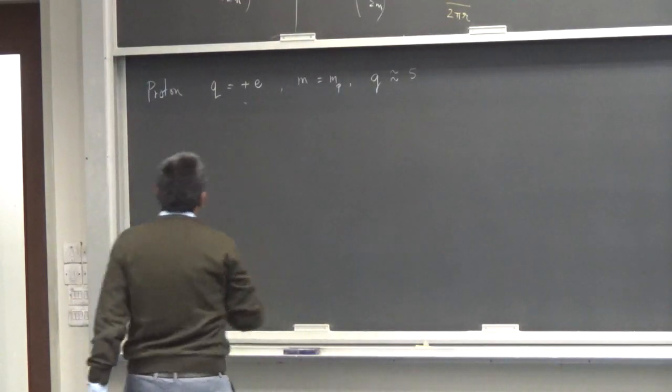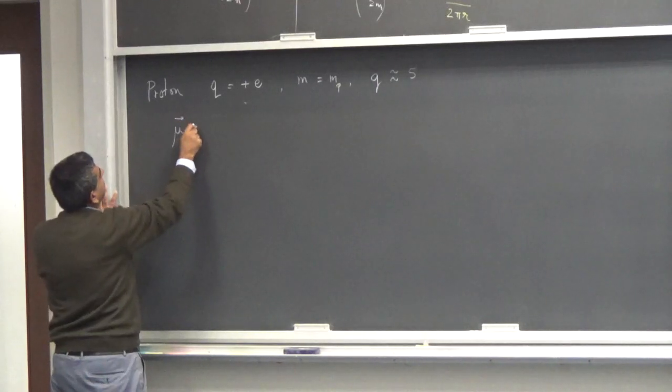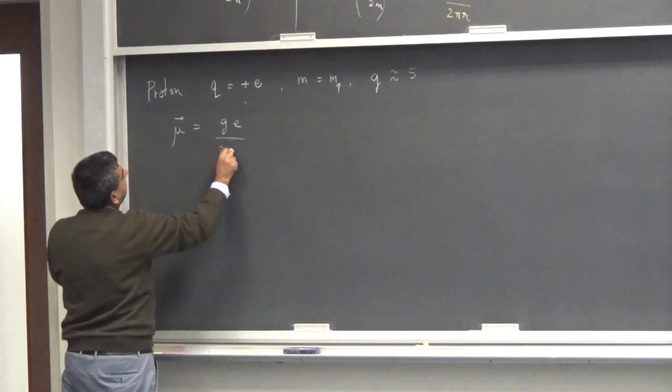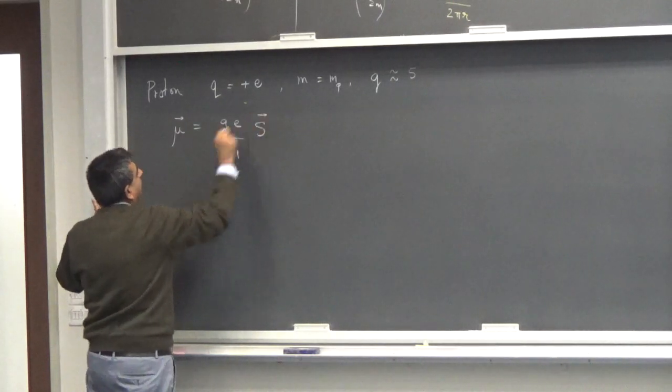And so this means that mu equals g e over 2 times the mass of a proton, times S of a proton.